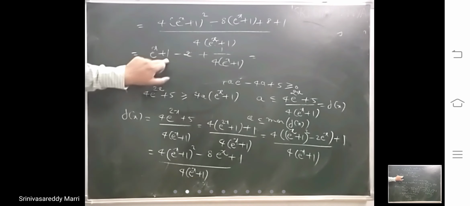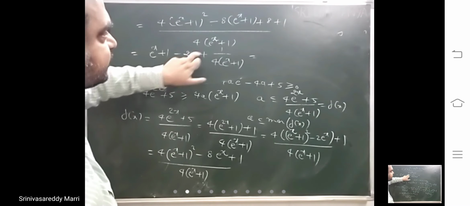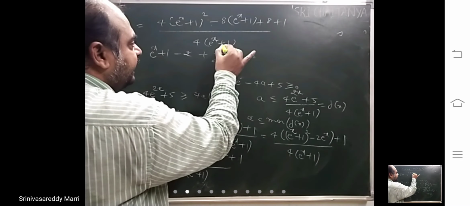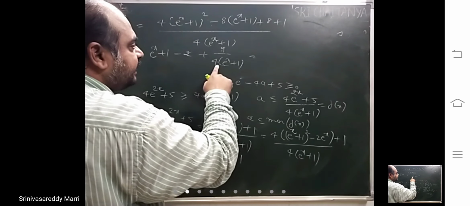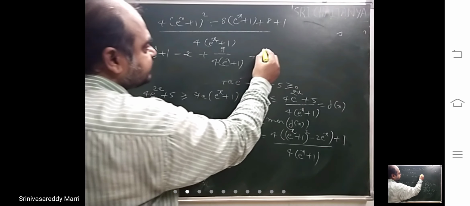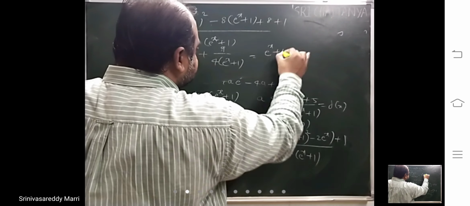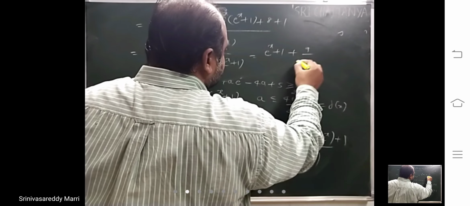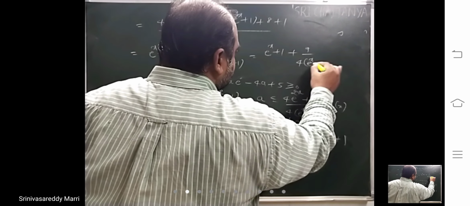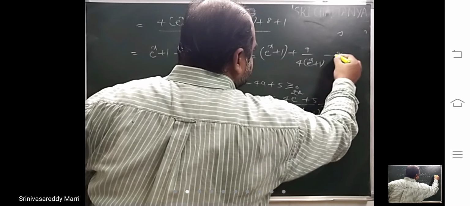So this divided by this means minus 2. So this is 9 divided by 4 into e power x plus 1. Why I have done it like this is, look, minus 2.